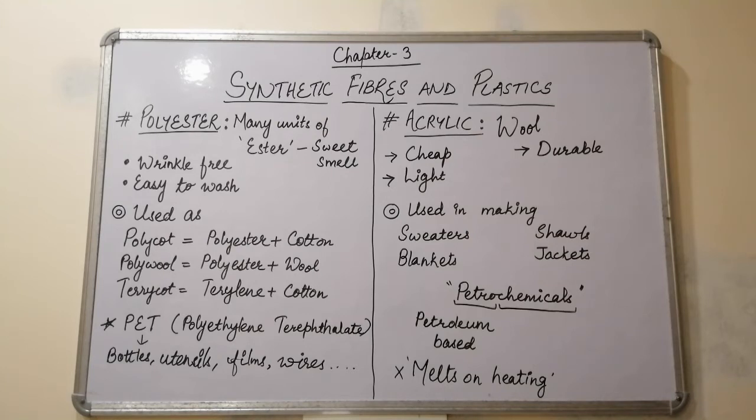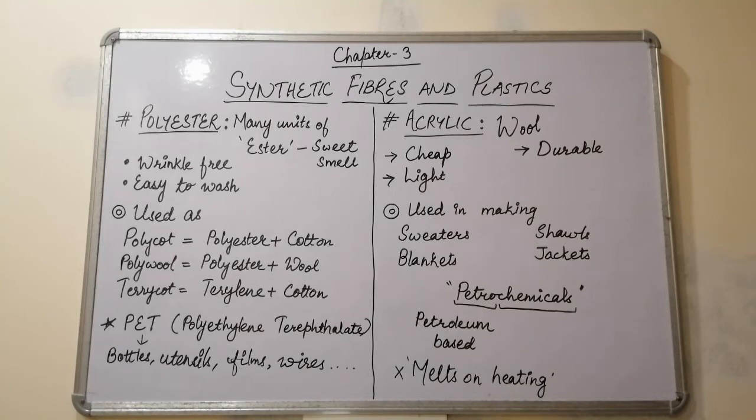Acrylic sheets are also present, which are used in modern kitchen or modern office cabinets. They are also made using this acrylic material, which is light in weight, and it can be molded in thin sheets.